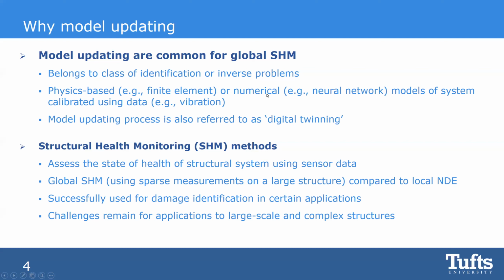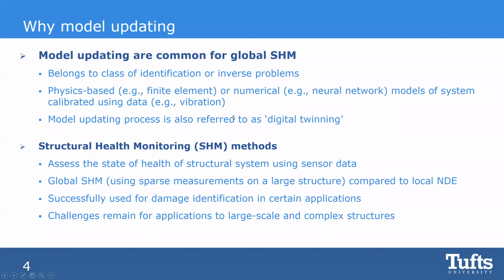Or it can be numerical, an equation, a polynomial, a geometric neural network. So once you calibrate it with sensor data, then the process is called model updating. It is also recently referred to as digital twinning.